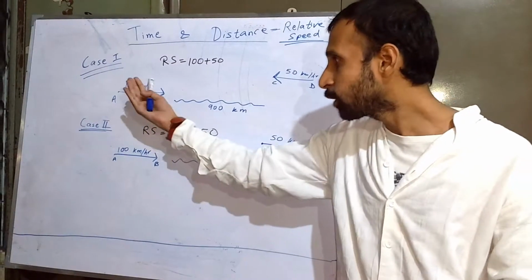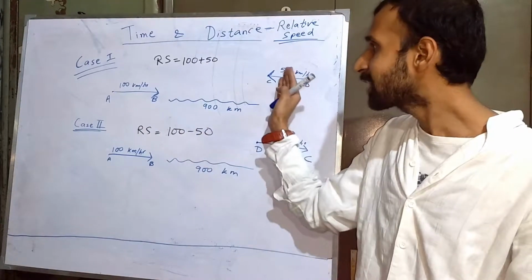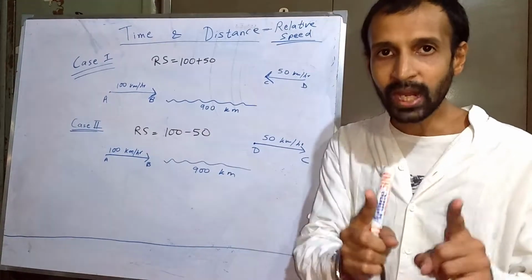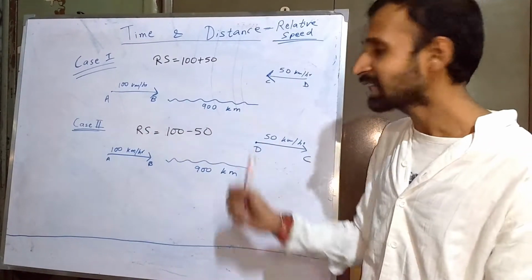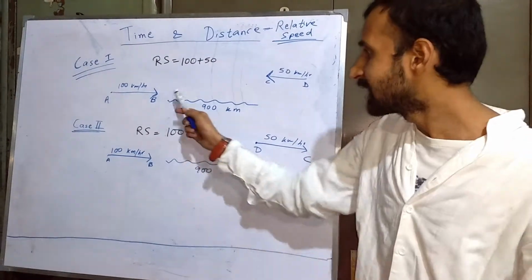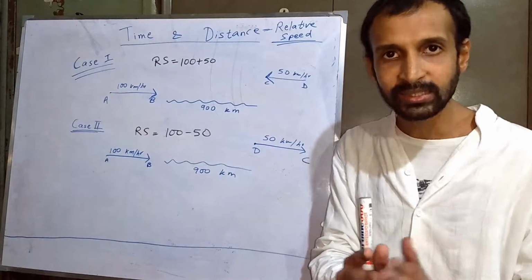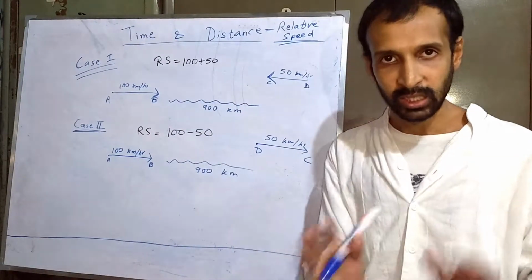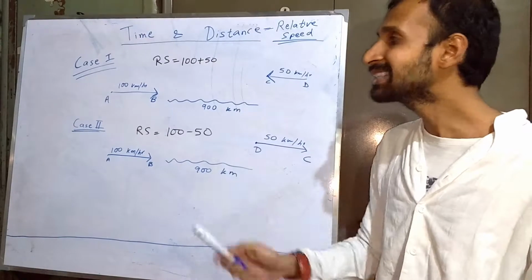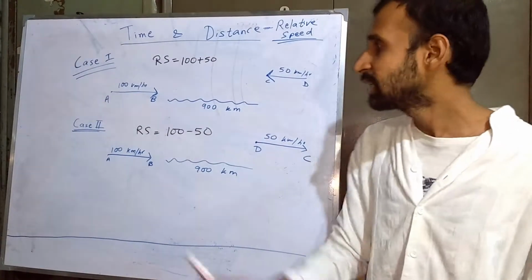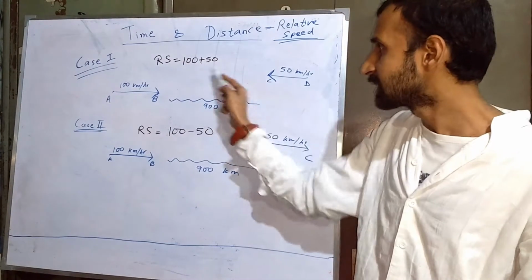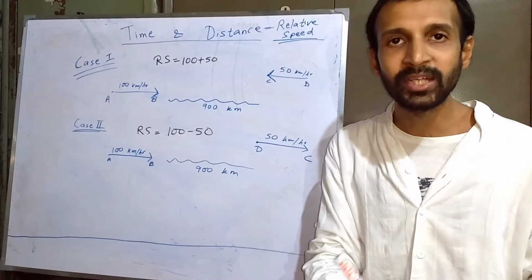This is moving 100 kilometers eastward and this train is moving 50 kilometers westward. So in 1 hour, simultaneously, together, the two trains are reducing the distance between each other by 150 kilometers. Is that right? Which means their relative speed or combined speed is 100 plus 50, that is 150 kilometer per hour.